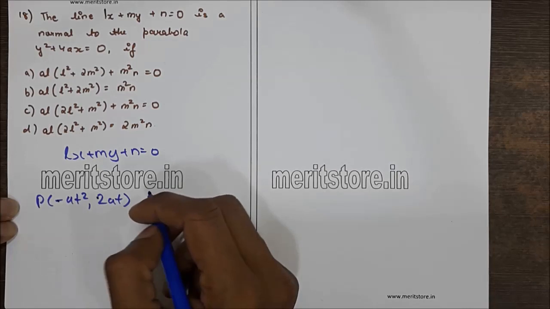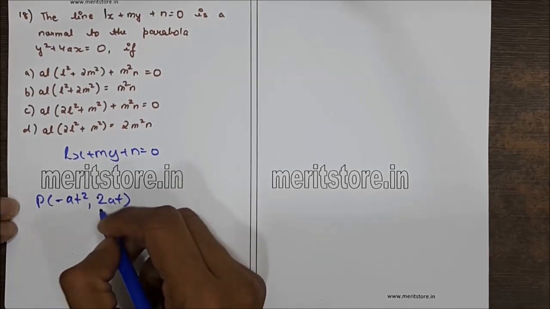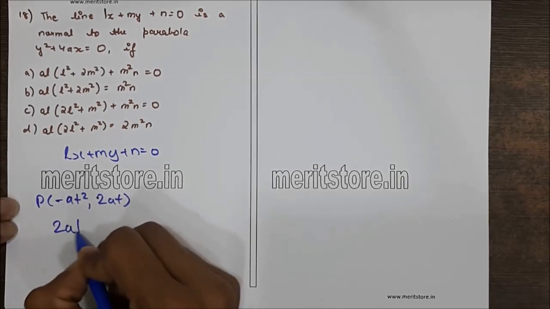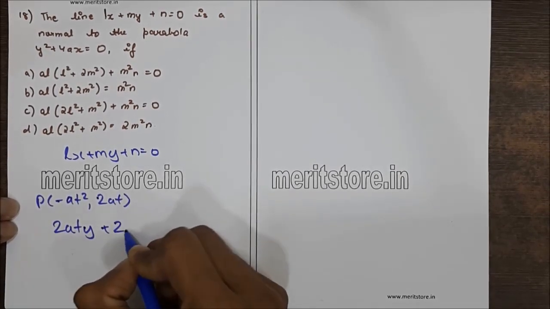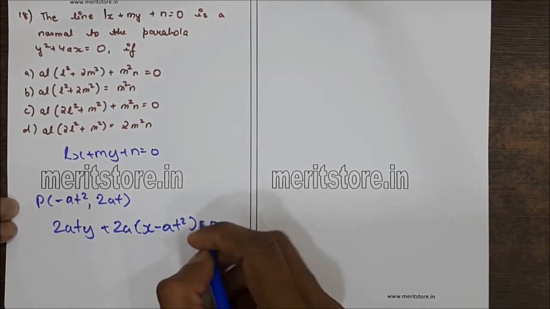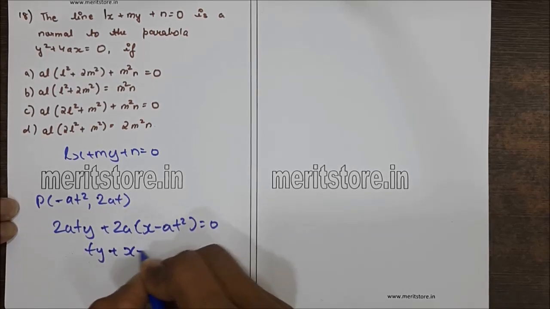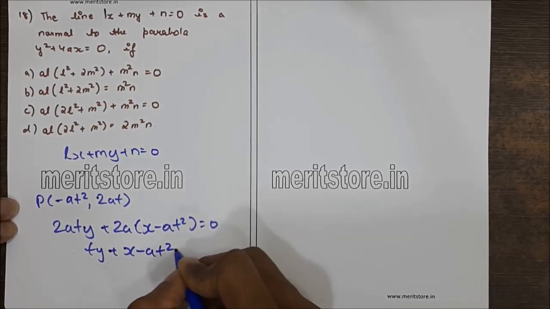Equation of tangent at P (at square, 2at) is given as 2aty plus 2a(x minus at square) equal to 0, which can be written as ty plus x minus at square equal to 0.